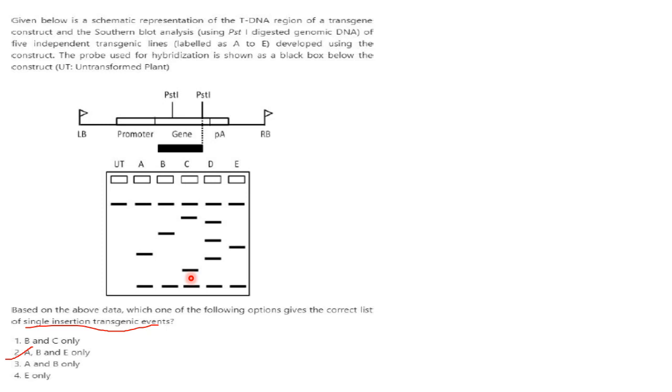C is having two bands, so that is double copy insertion. D is having three bands, so it is triple copy insertion. And E is having a single band, so that is also single copy insertion. So the answer here, they have asked for single insertion transgenic events. So it is A, B, E only.